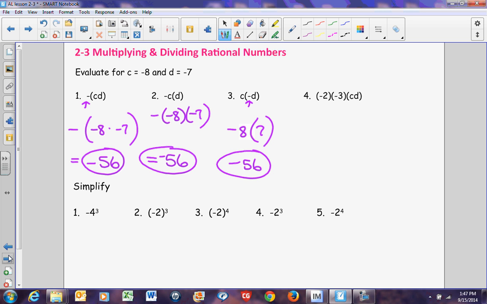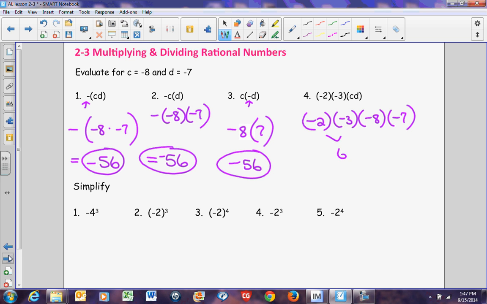And then we have number 4 here, where we are going to do negative 2 times negative 3 times C times D. So negative 2 times negative 3. C is negative 8, and D is negative 7. It doesn't matter what order you do them in. You can put them in whatever order you want. I'm going to do these two.